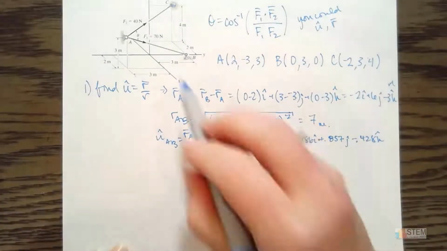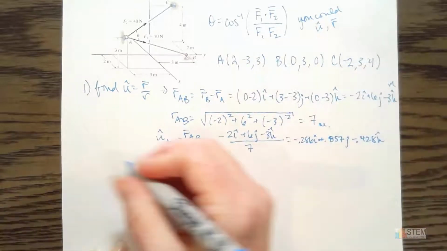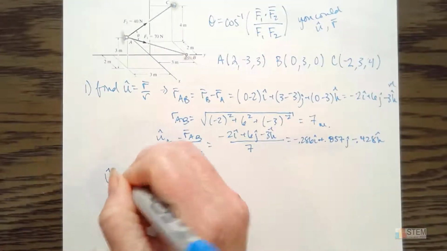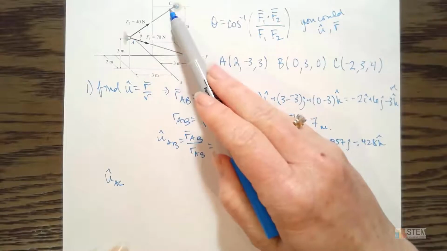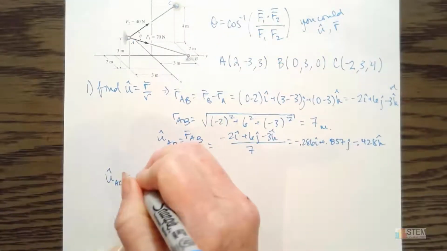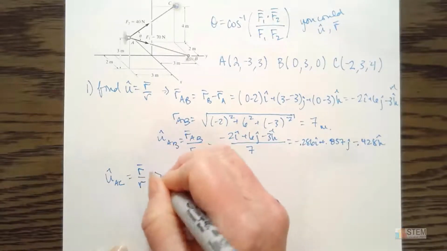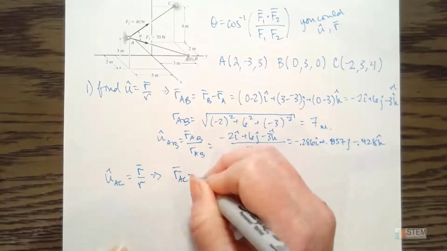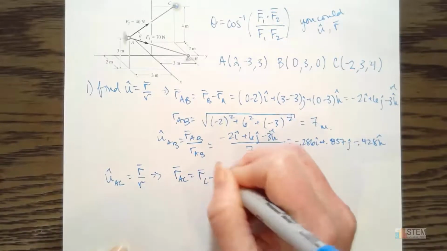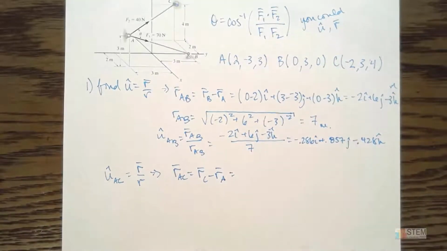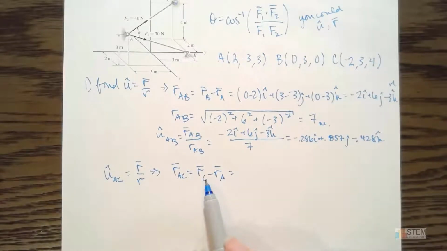First let's find the unit vector for AC. Again, I'm going from A to C. So when we do our position vector, we need to do C minus A. Remember these little position vectors? The definition of a position vector is always the origin to the point, and that's what these are. So basically it just gives you the coordinates.